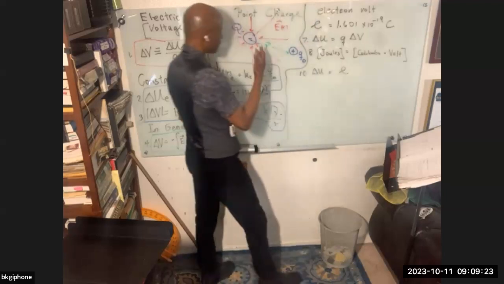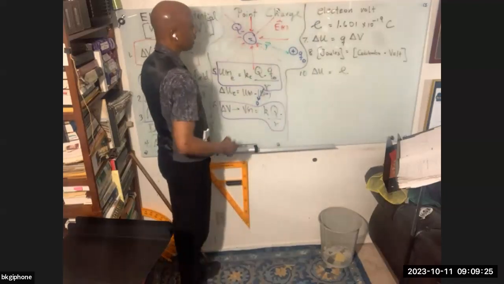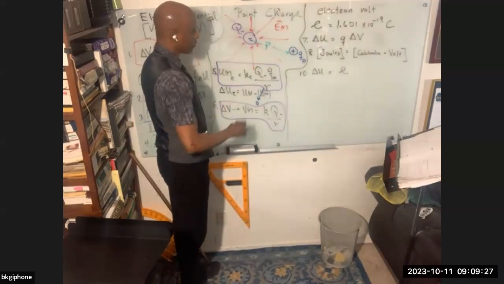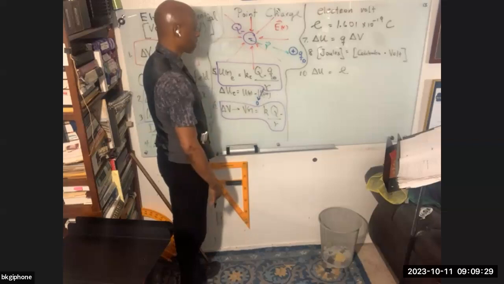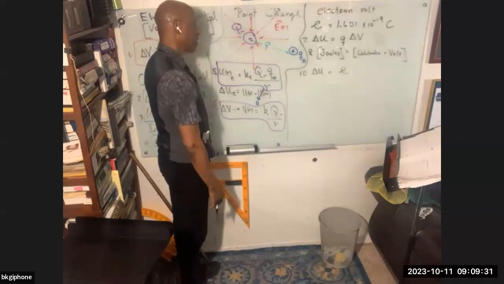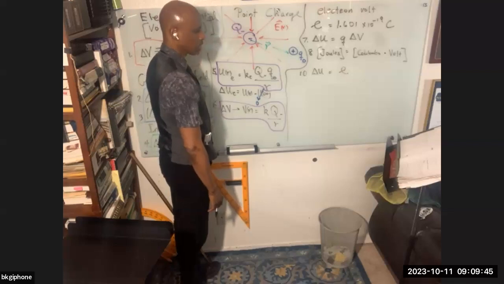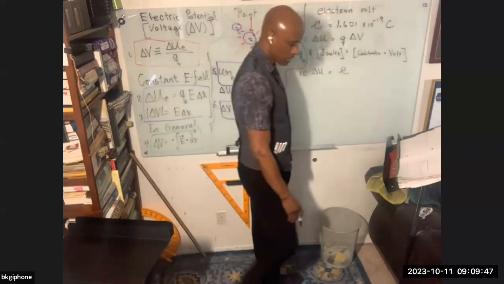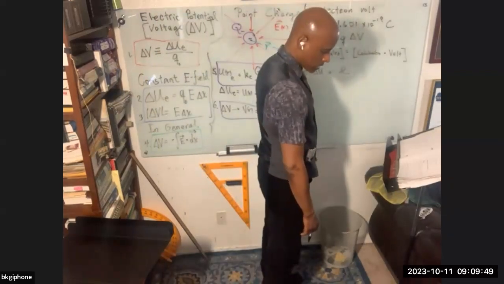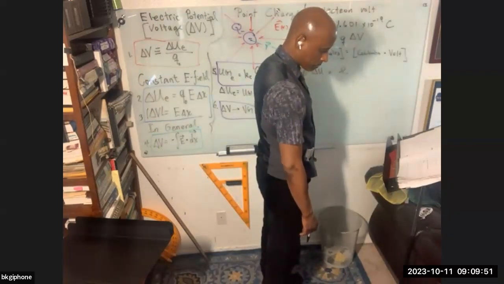It's kind of like this: if you had a point charge, the electric potential at a point a distance away from that charge is going to be... I'm not saying that quite right.